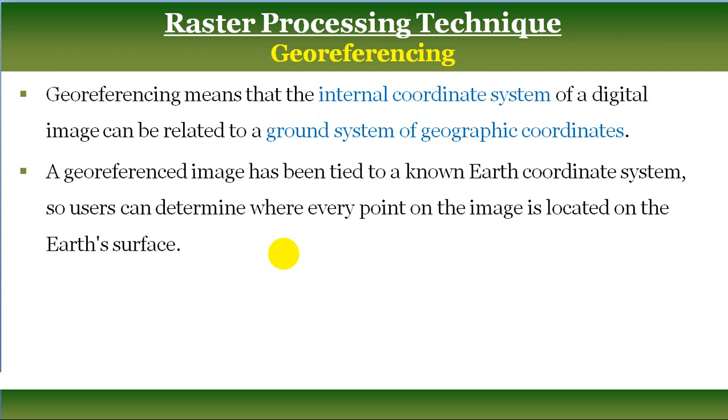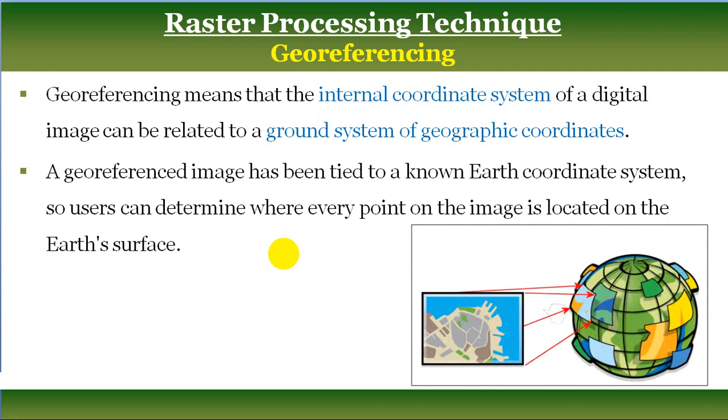If your image or raster is not georeferenced, then on the raster, if you visit different locations, you will not get the earth coordinate value. That means you will never know the lat long values. So that is mandatory raster processing.